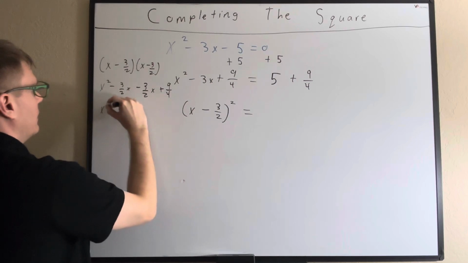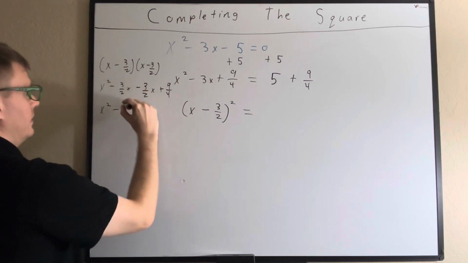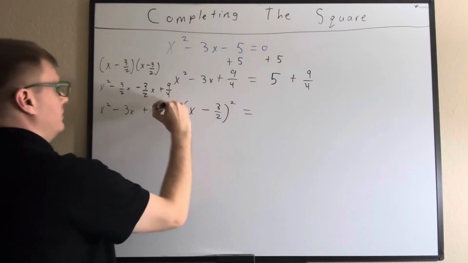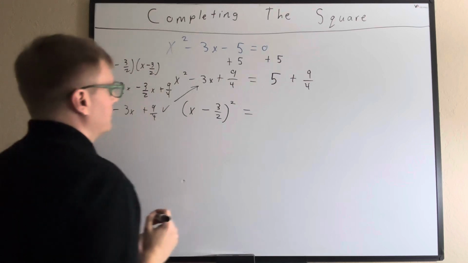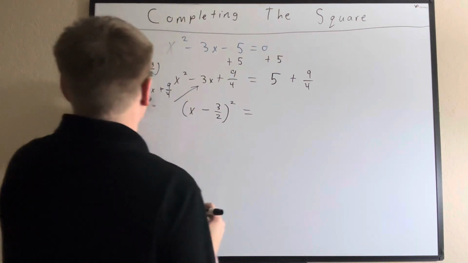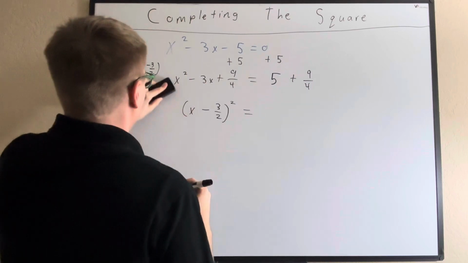X squared minus 6/2, which is 3x, plus 9/4. Yep, that's exactly what we had before. All right, just checking, to make sure we factored that out right.